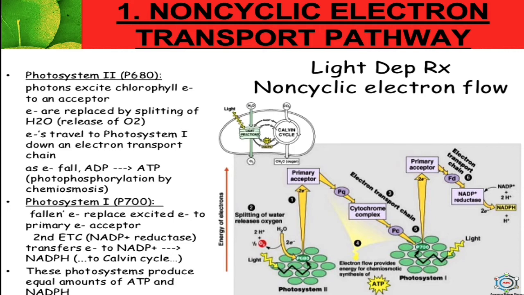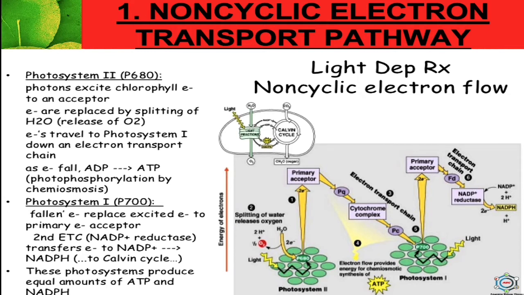As electrons fall, ADP is converted into ATP, that is photophosphorylation by chemiosmosis. Then in photosystem first, P700, the fallen electron replaces the excited electron to the primary electron acceptor. Second, the ETC, that is electron transport chain, transfers the electron to NADP+ to make NADPH.